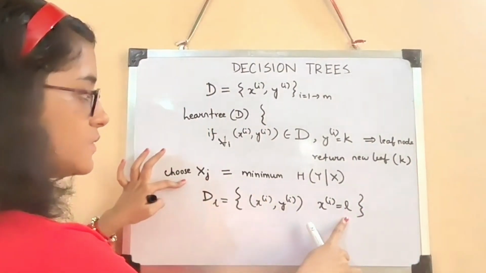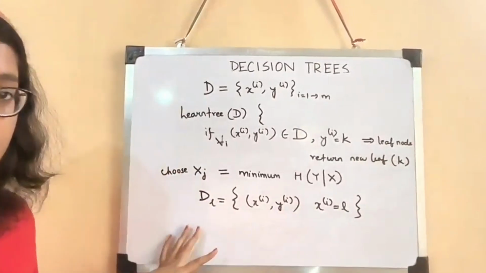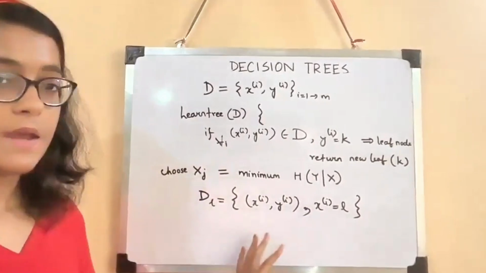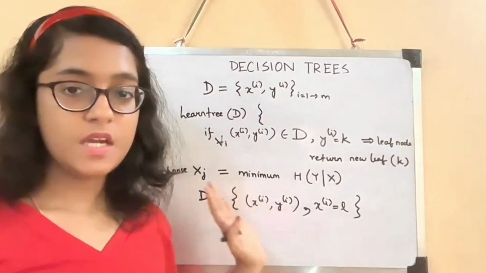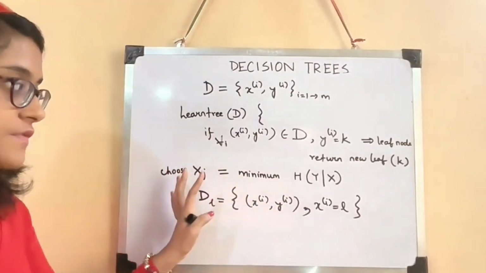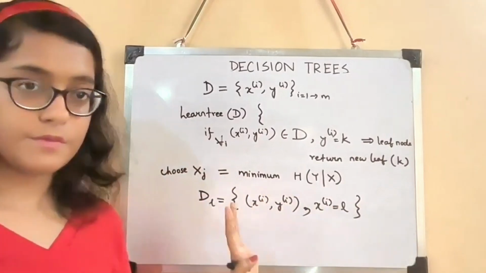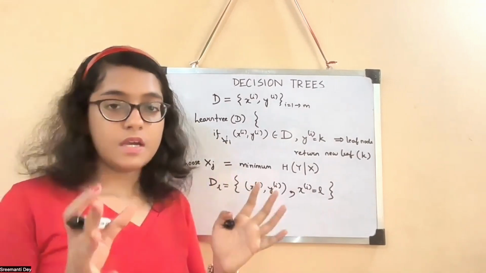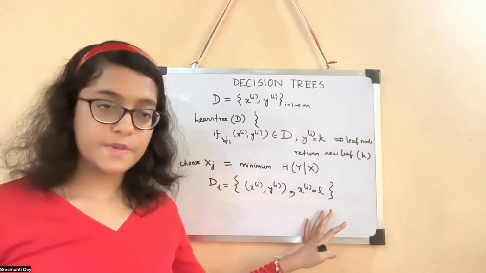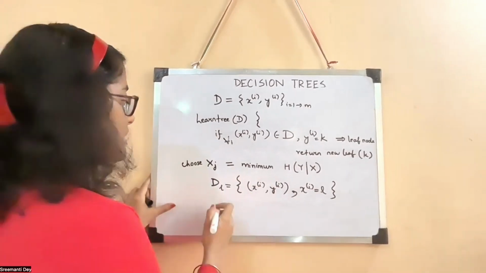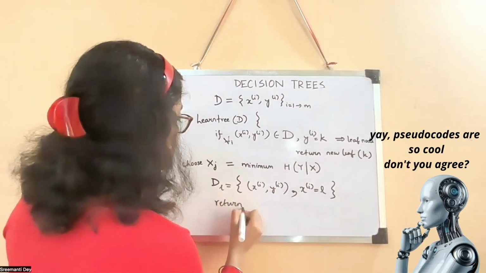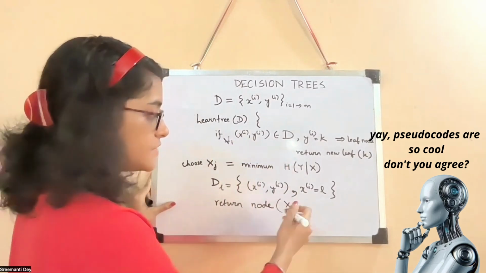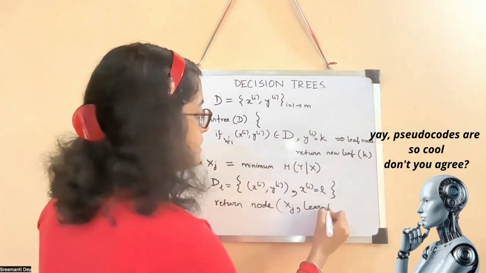So this j is going to be this L that we are going to use here, and DL is our new tree, with the remaining data after the attribute that we chose to split on. Now that we have done this, we know the tree we are going to use based on the particular feature we split on. So basically now we are going to return, based on the attribute that we just decided, and the rest of the tree.